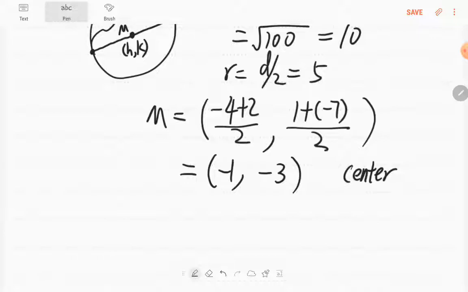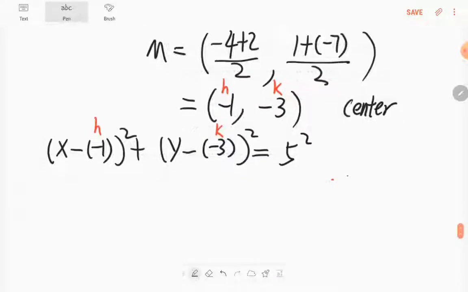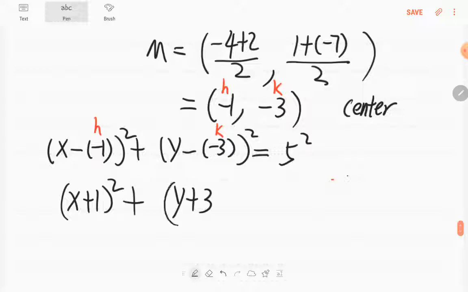Then we have the center, we have the radius, so we can have x minus negative 1 squared plus y minus negative 3 squared equals r squared. Let's just use another color. So this is h, this is k, right? R squared is 5 squared. So let's rewrite. This one would be x plus 1 squared plus y plus 3 squared equals 25. So this is your solution.